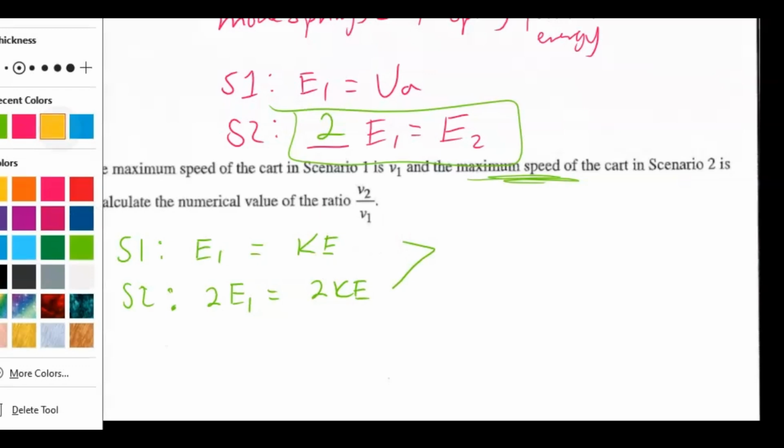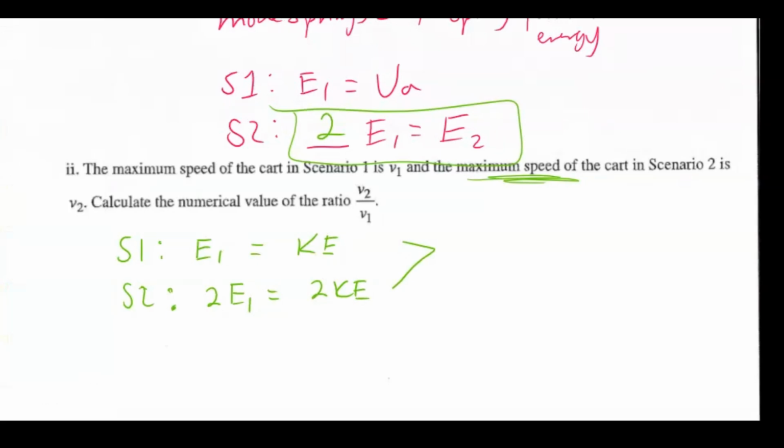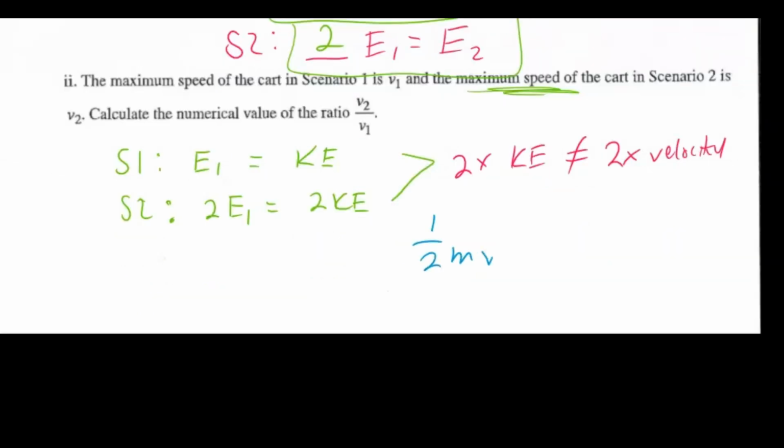Now, double the kinetic energy does not necessarily mean double the velocity or speed, so we can use the comparison strategy. Let's write out the kinetic energy formula, which is 1/2 mv squared equals kinetic energy.